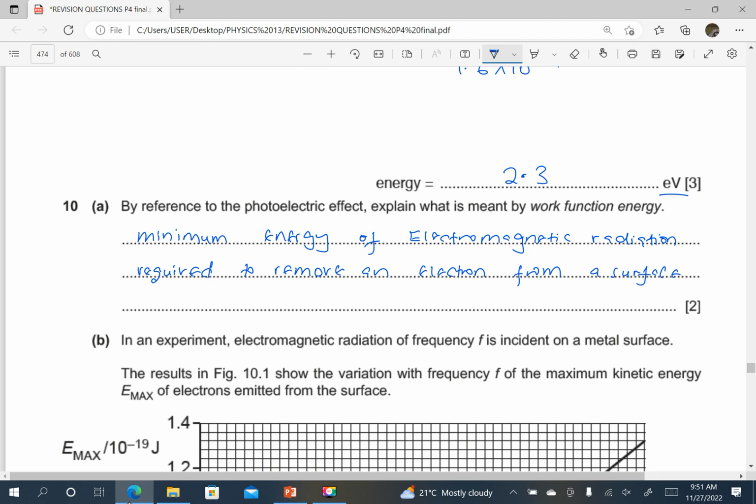The minimum energy of electromagnetic radiation required to remove an electron from a surface, or let me be specific, from a metal surface. That is the work function.